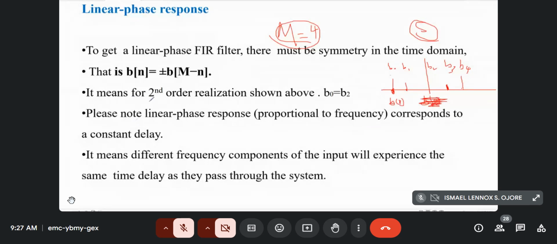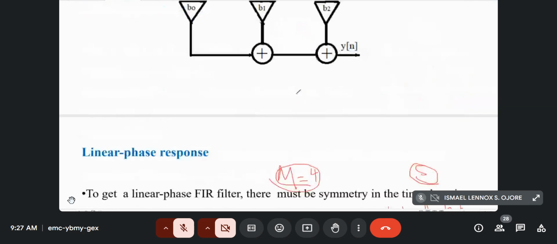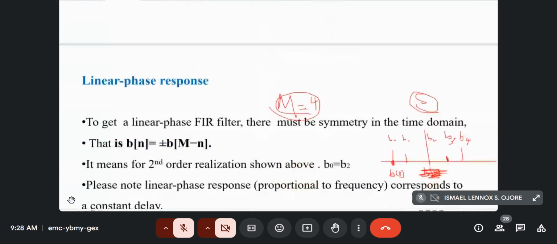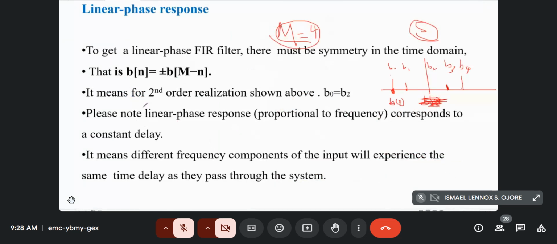It means that in the second order realization shown above, B0 is equal to B2. In the case where m is equal to 2, B0 is equal to B2. Yeah, it agrees with our formula here.